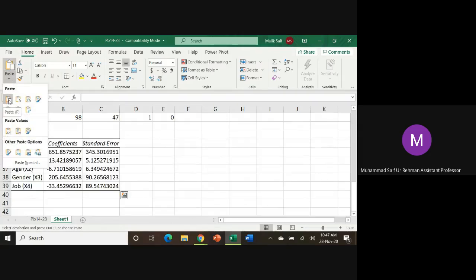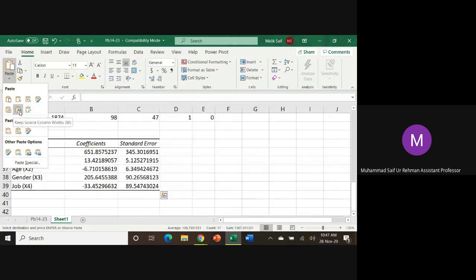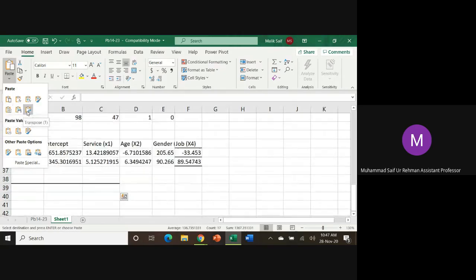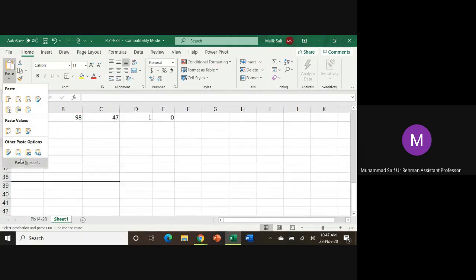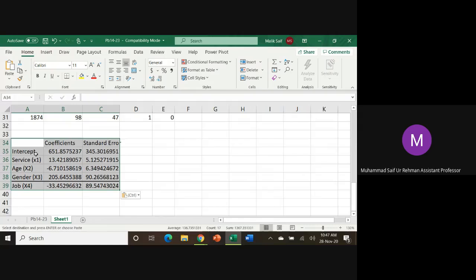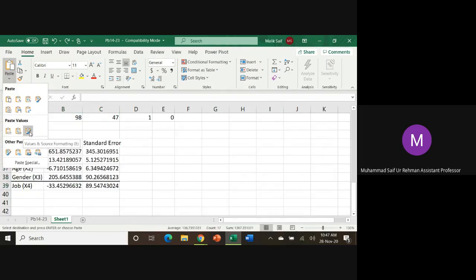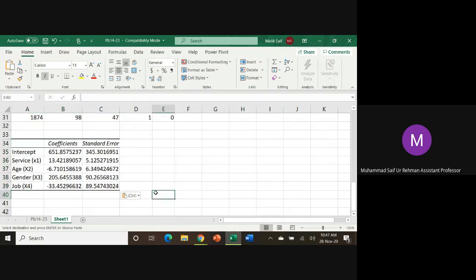Paste values, yes. Okay, so now we have these values. We paste it.